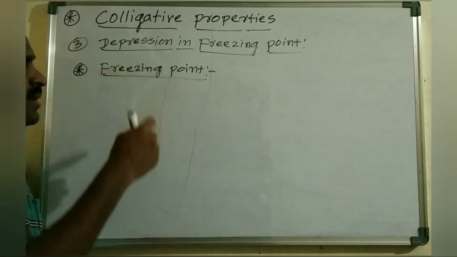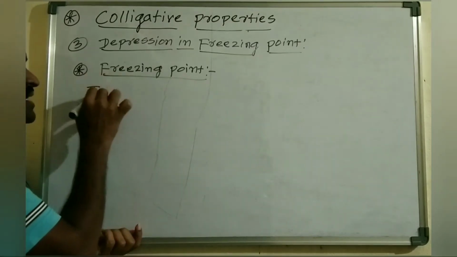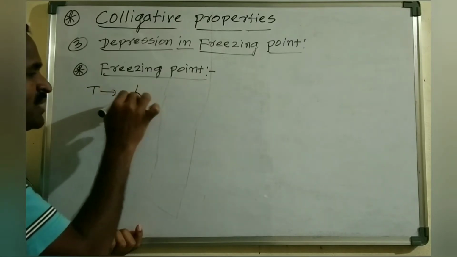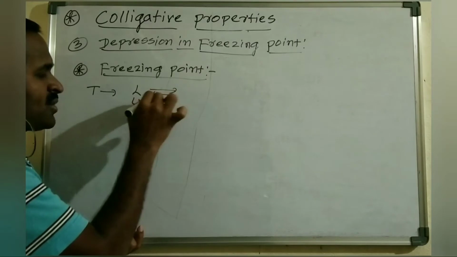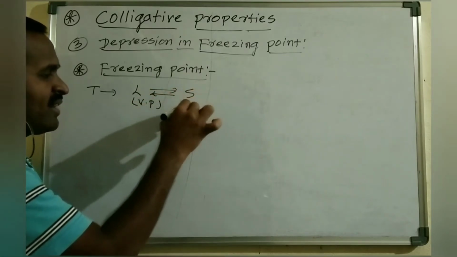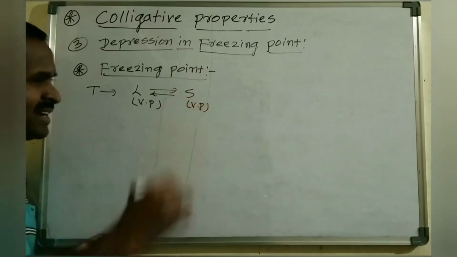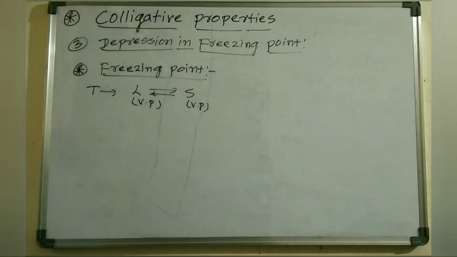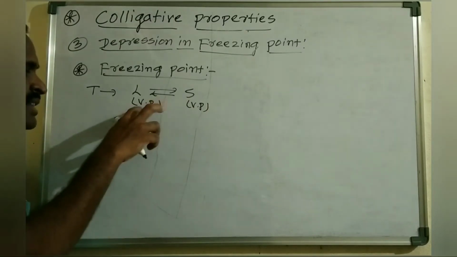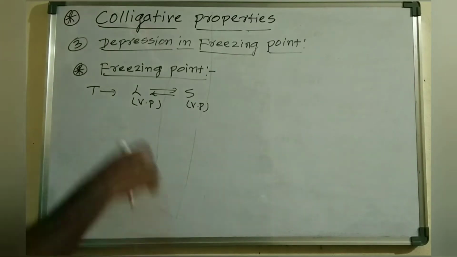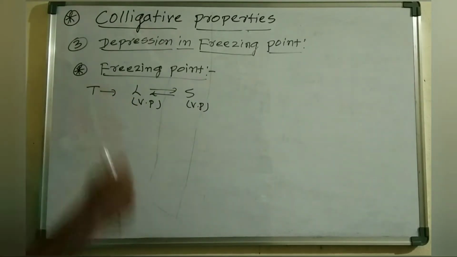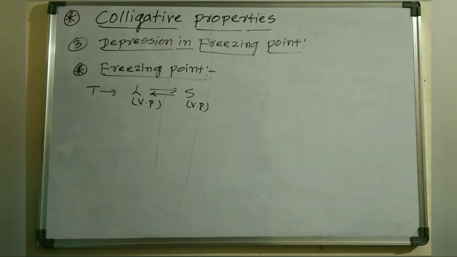So the freezing point is the temperature at which the vapor pressure of the liquid is equal to the vapor pressure of the solid, when both liquid and solid are in a dynamic equilibrium. That particular temperature is the freezing point.